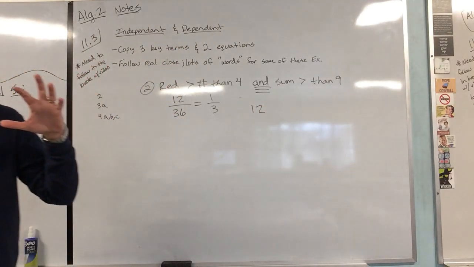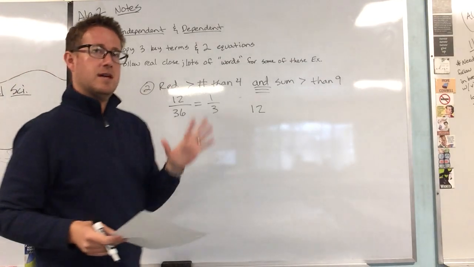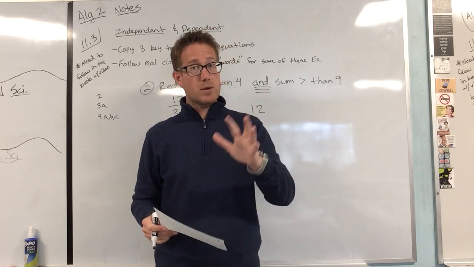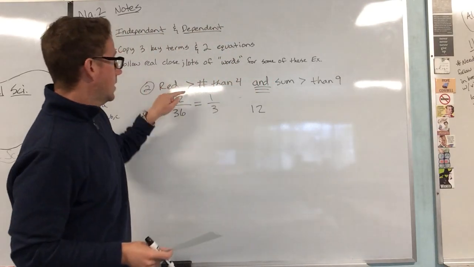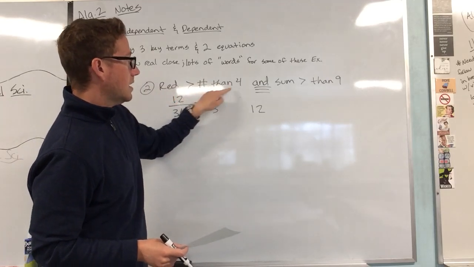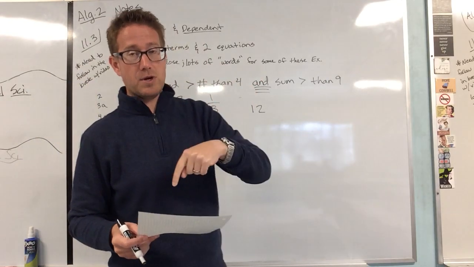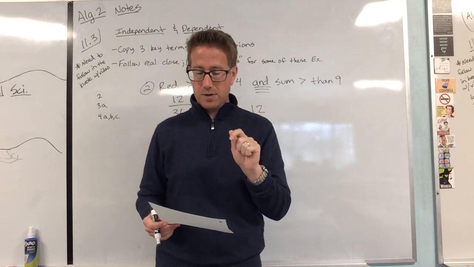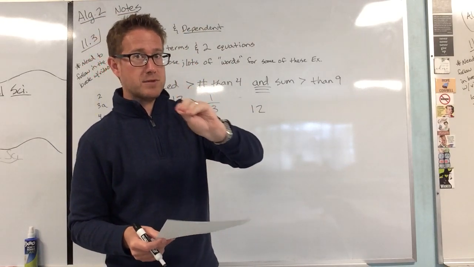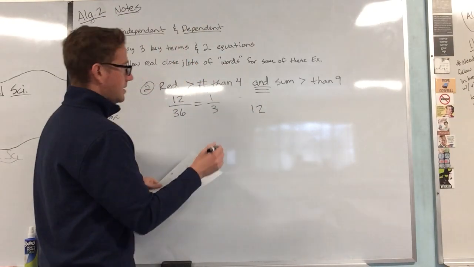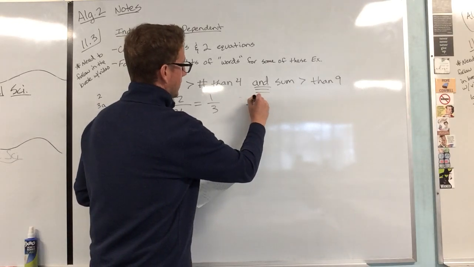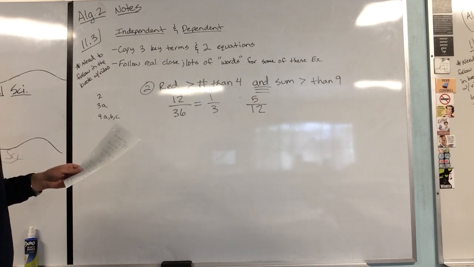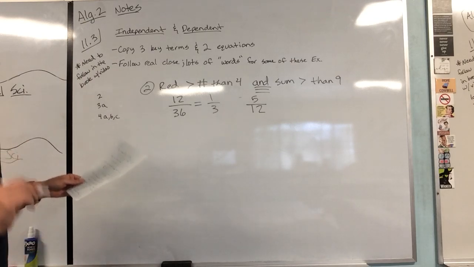Those are the rows where you have the number 5 and the number 6 for the red dice. And why do we care about that? Because 5 and 6 are greater numbers than 4. All right, now the next part is in those 12 possible combos, how many of those have a sum when you add both dice together that's greater than 9? And there's only 5 possible combos where the numbers, when you add them together, are greater than 9.